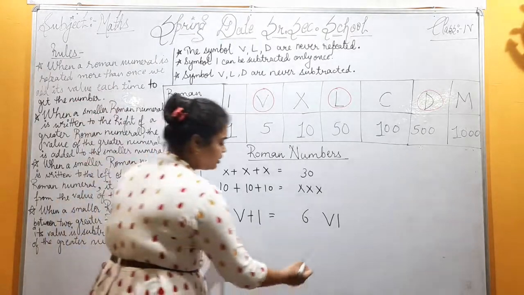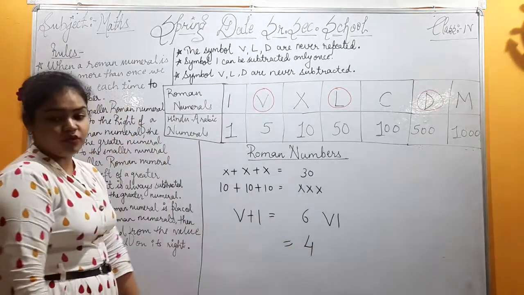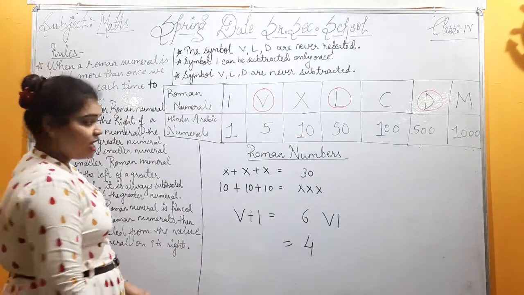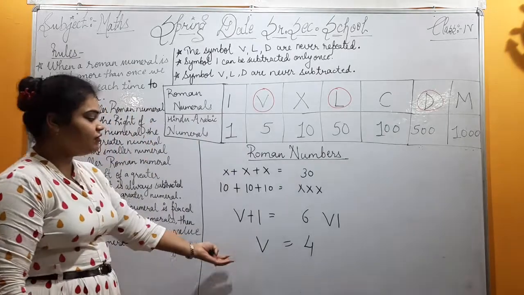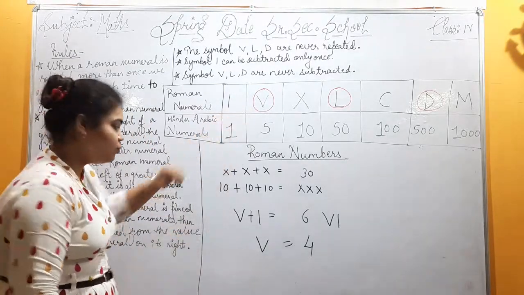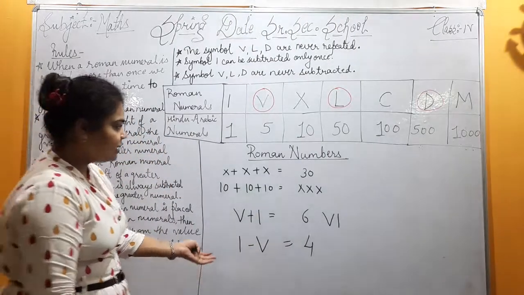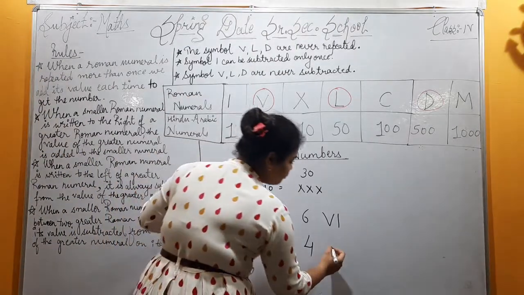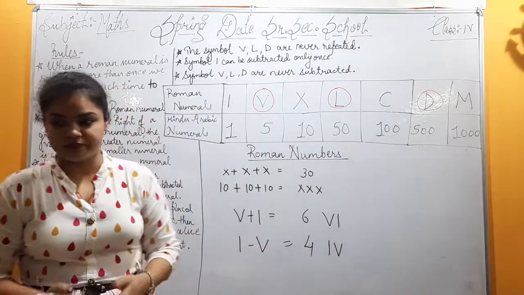How will we make 4? Now, look here. What is the greater? We have 5, that is V. And the smaller one we have is I, that is 1. So, we will minus. And what is made? That is 4. In Roman numbers, how do we write it? IV. It is called 4.